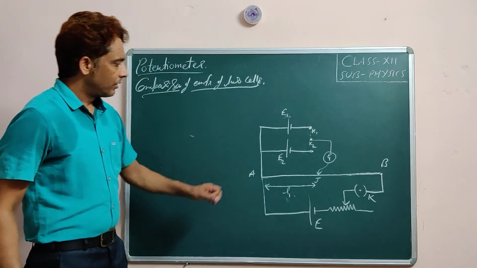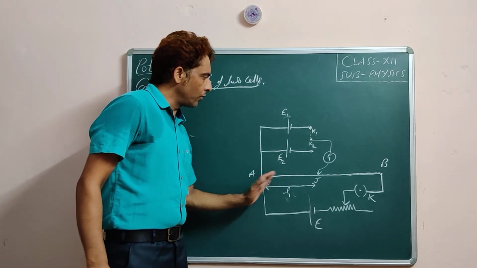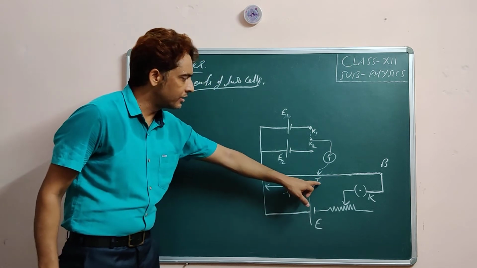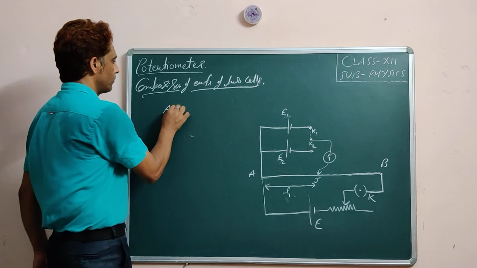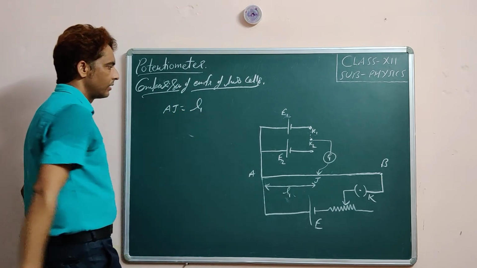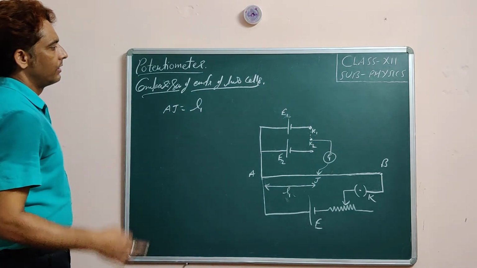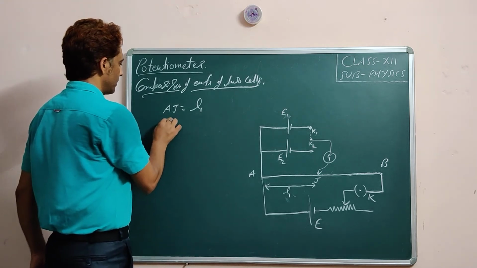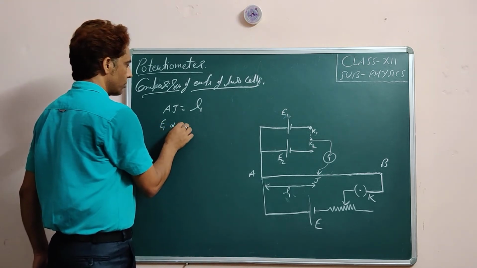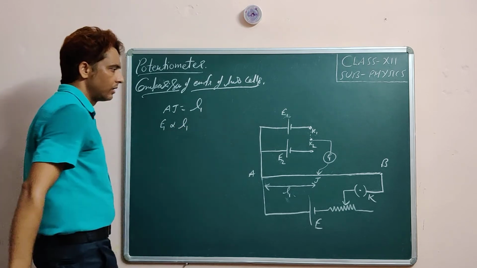When we move the jockey from A toward P, let J be the null point such that AJ is equal to L1. Then by the principle of potentiometer, E1 is proportional to L1.